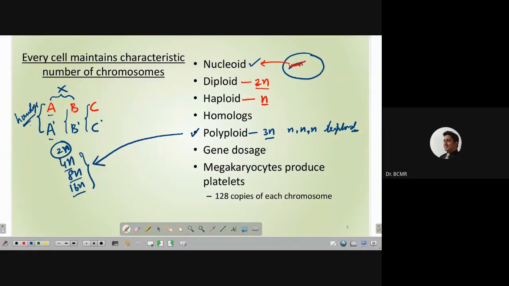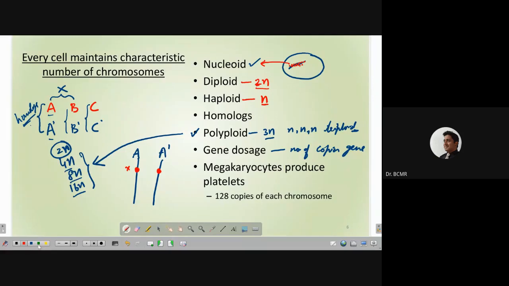Okay, and gene dosage is the number of copies of a particular gene. Okay, we are not talking about the whole genome set. We are only talking about one gene. Say, for example, there are 2 chromosomes. I'll write chromosome A and the homologous chromosome, chromosome A prime, and assume that there is a gene called X. A prime is homologous, and it should have one X as well.